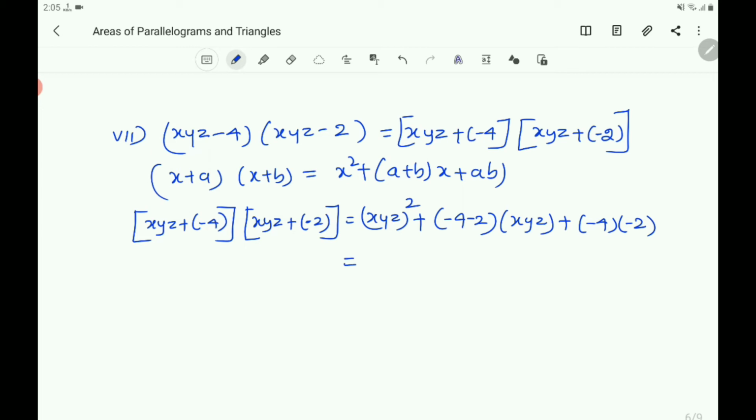Then you will get xyz minus 4 into xyz minus 2 equals x square y square z square. Sum of minus 4 and minus 2 is minus 6xyz plus 8. So xyz minus 4 into xyz minus 2 equals x square y square z square minus 6xyz plus 8.